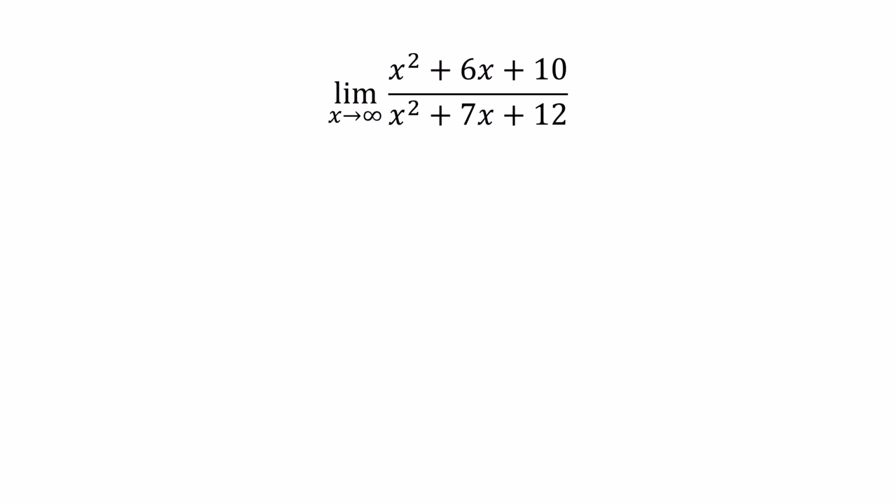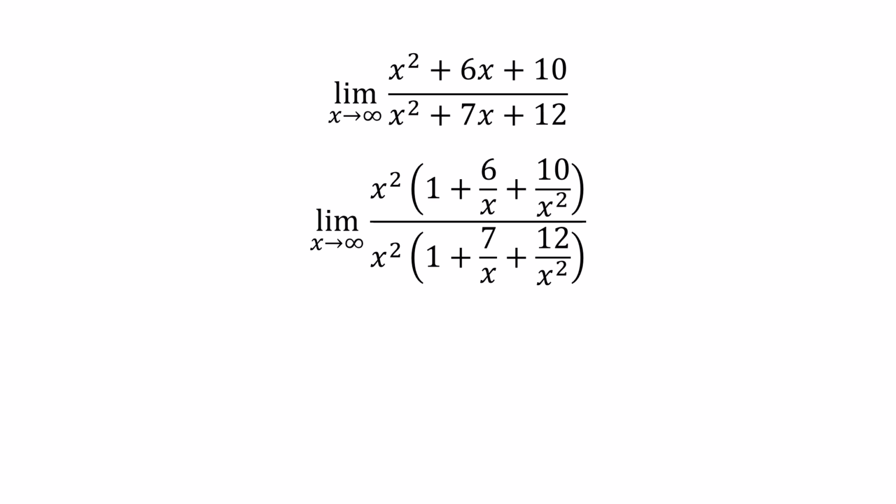Factoring in x squared from the numerator and denominator then gives the limit as x approaches infinity of x squared times 1 plus 6 over x plus 10 over x squared all over x squared times 1 plus 7 over x plus 12 over x squared.